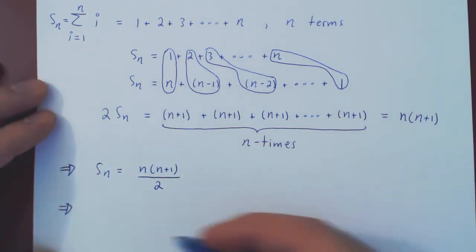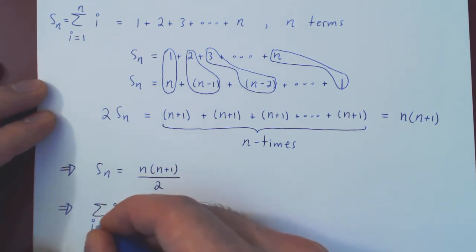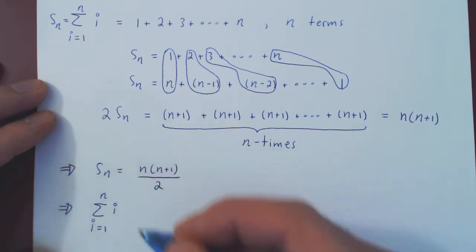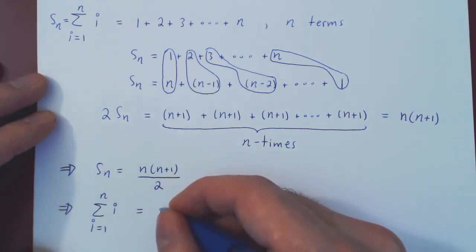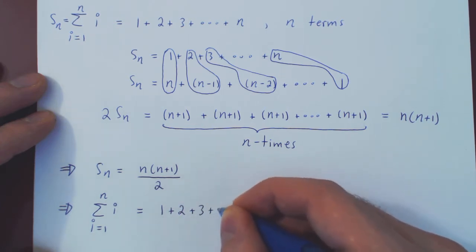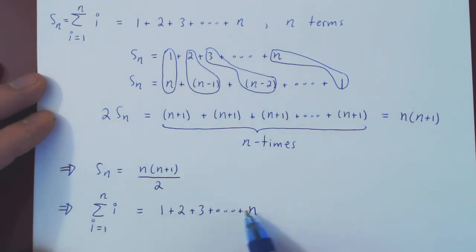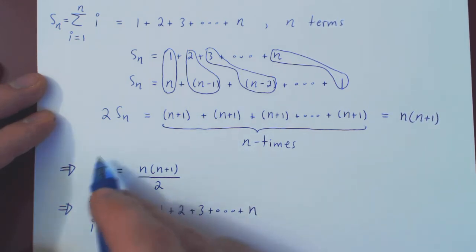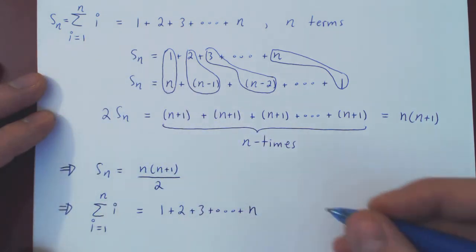So Sn, the sum of i as i goes from 1 to n, is the sum of the first n positive integers. So i equals 1 plus i equals 2 plus i equals 3, all the way up to i equals n. But now what we're saying is that Sn, this summation, is simply n times n plus 1 over 2.